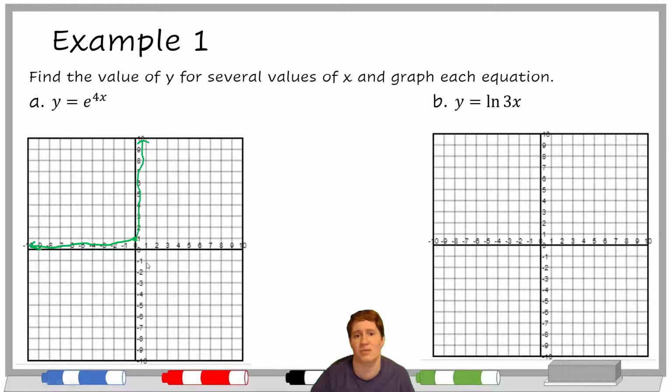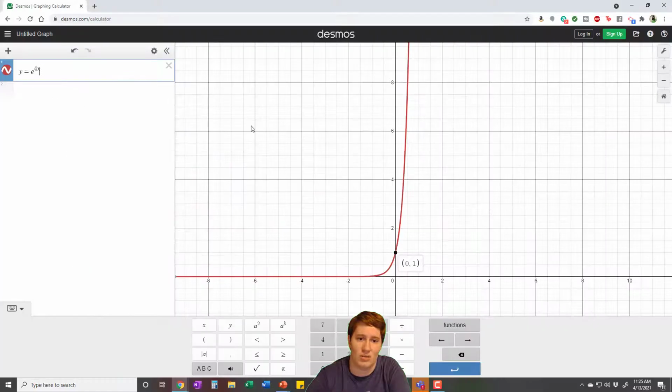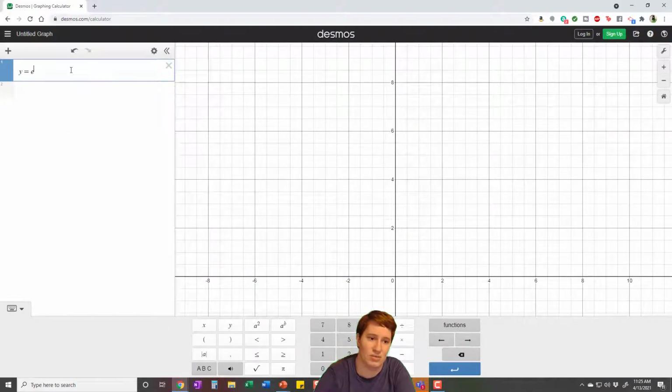So let's do y equals ln of 3x. We don't have parentheses around this 3x, but our calculator is going to open parentheses after the ln when we press it. And so we could close the parentheses after the 3x. Technically, we don't need to, so it's up to you on that. If I do y equals, I can type ln on the computer.